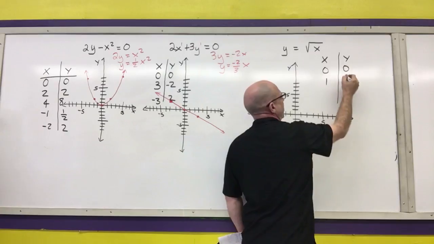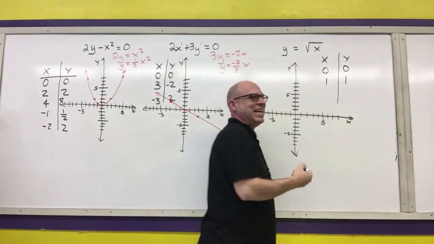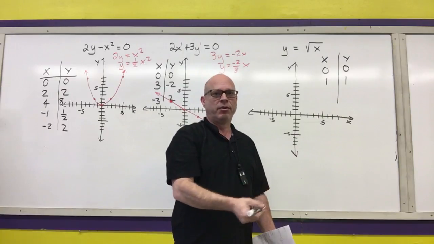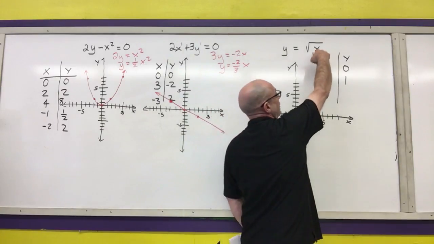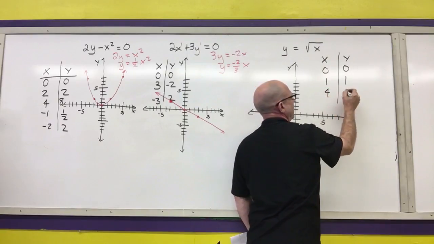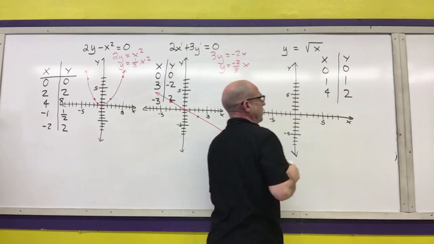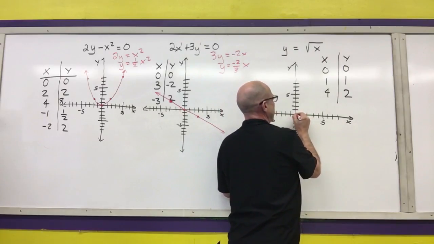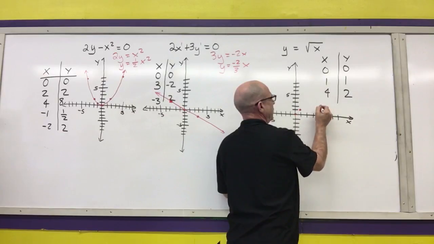The square root of 1 is 1. And if I need another number, I'm not going to put 2, because the square root of 2 is an irrational number. So I'm going to put a number that I could actually take the square root of, and that would be 4. And the square root of 4 is 2. It's going to give me 0, 0, 1, 1, and at 4, 2.